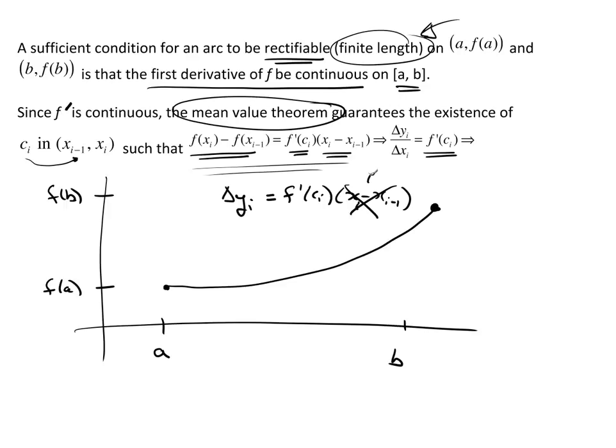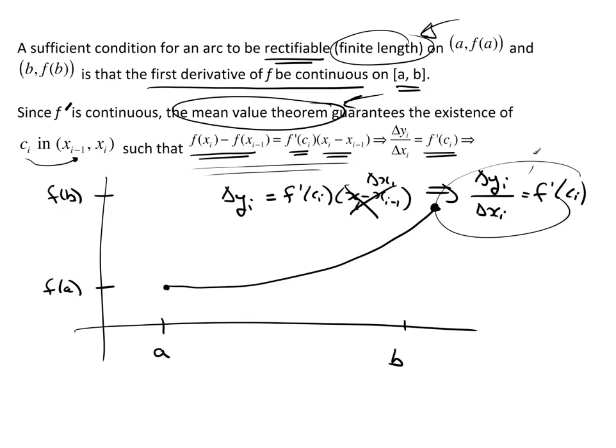Well, this is delta xi. So if I divide both sides by delta xi, that gives me delta yi over delta xi equals f prime of ci. Again, this is based on the mean value theorem. That's where that actually comes from.